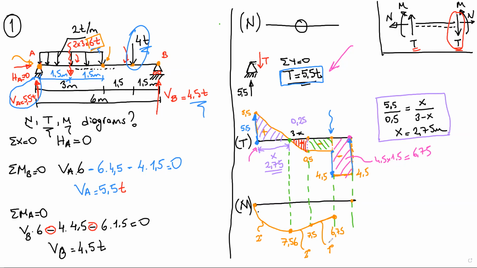The moment at this point is 0. So how am I going to connect these 2 points? Again, the shear force diagram is horizontal, so I have to connect these points to each other with a line. So I get this moment diagram. This diagram shows the moment distribution on the beam under the given loading condition. Okay.